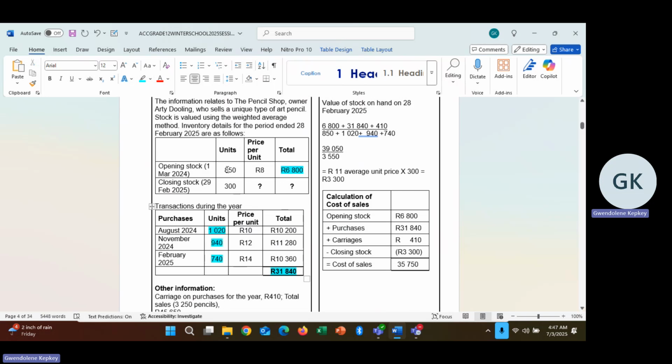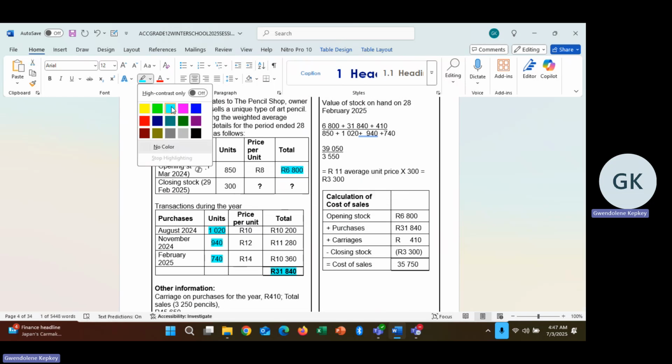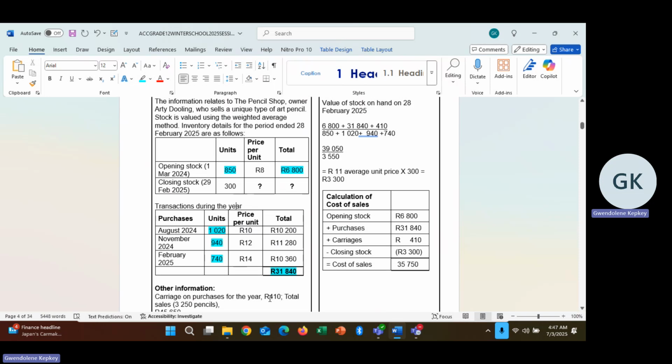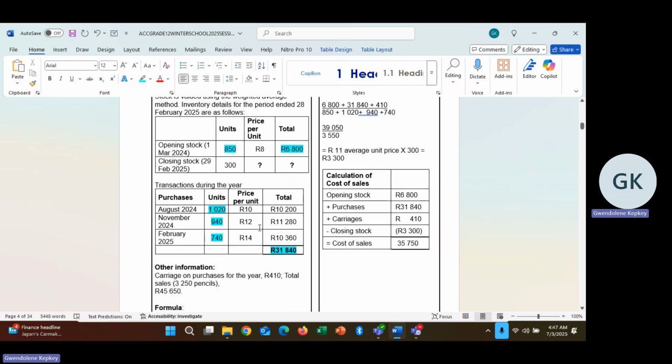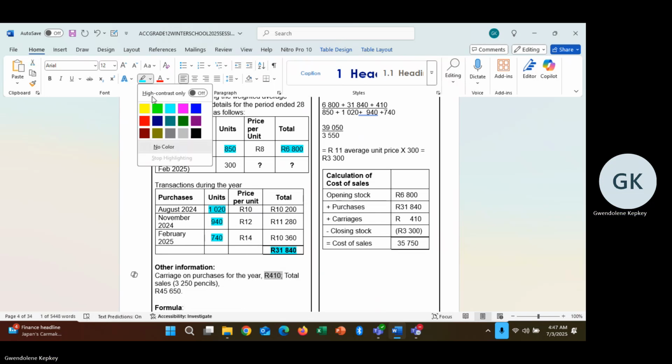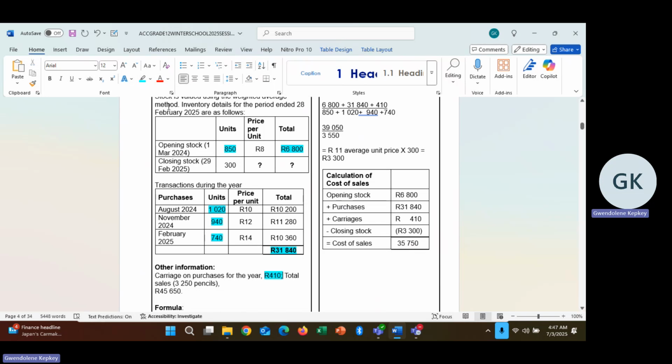Very important, in the beginning we had 850 units. And then it clearly tells me over here that we have carriage to the value of 410.